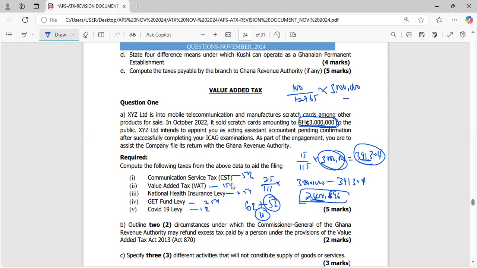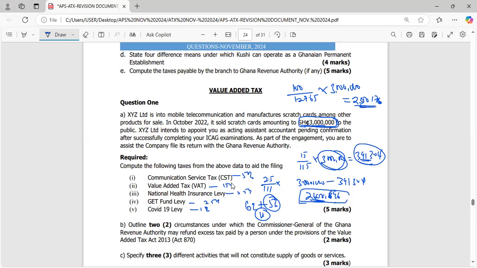How much will you get? You get 2,350,176. It means that this is the original amount at which they charge the VAT and the levies.